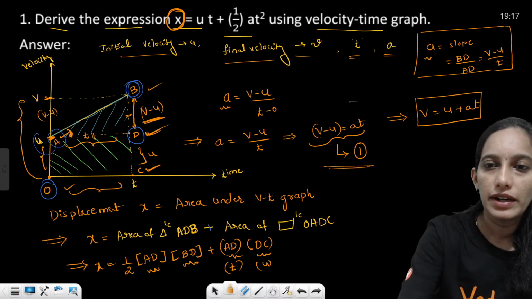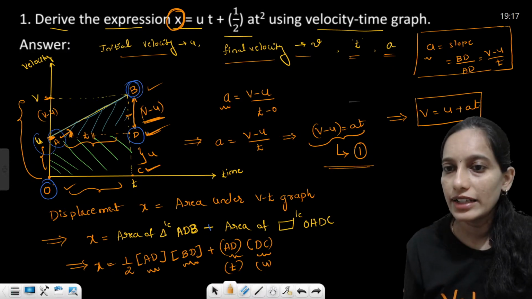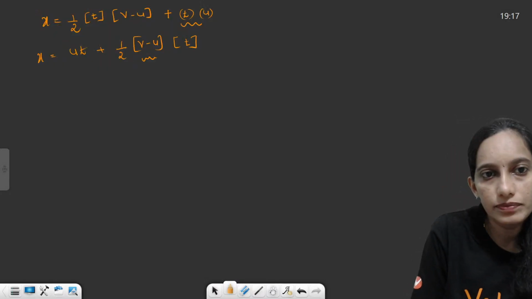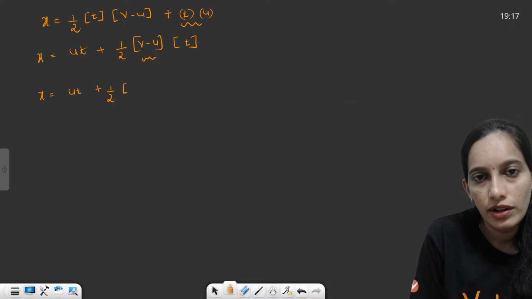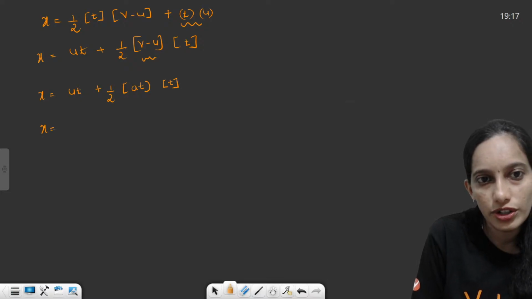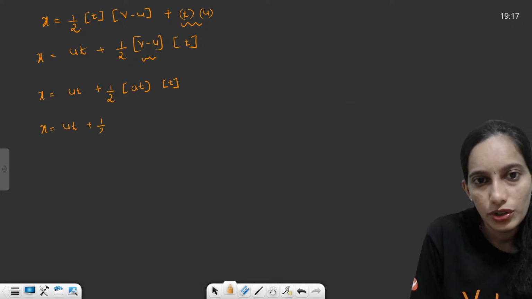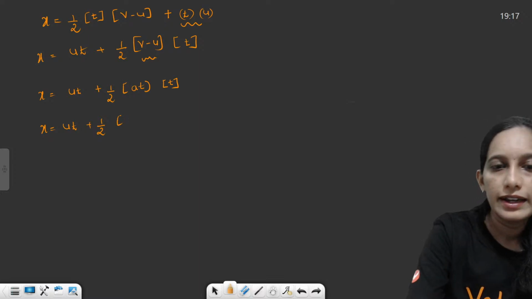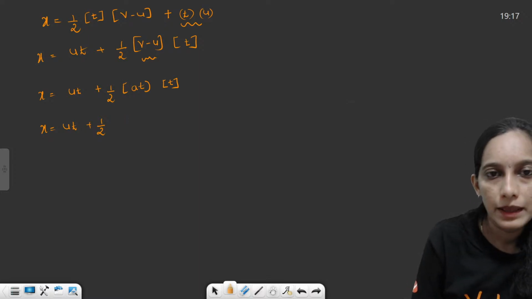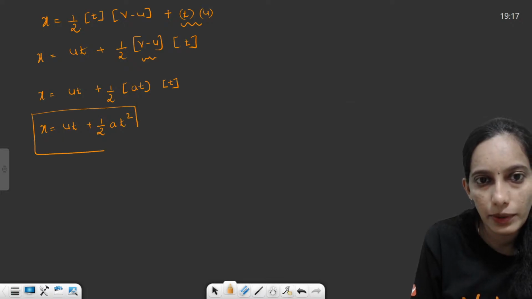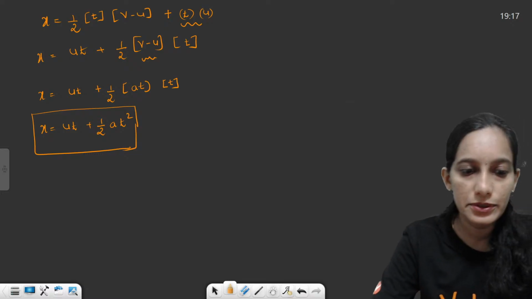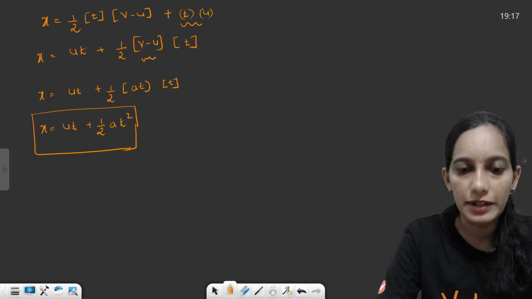So x is equal to ut plus half AT into T, which gives x is equal to ut plus half AT square. This is the required equation: X is equal to ut plus half AT square.